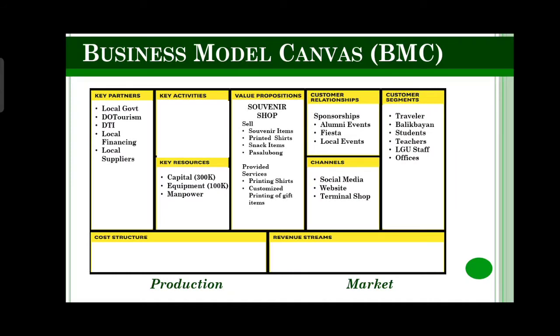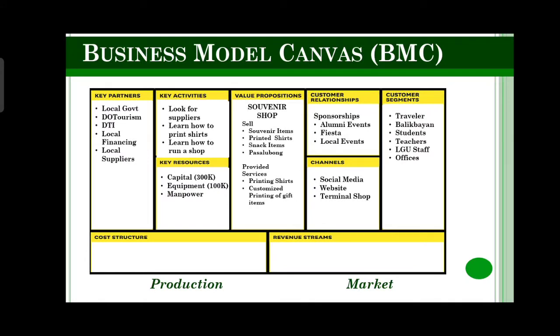So your key activities are what you do to deliver your value proposition to your customer segments. Example of key activities: look for suppliers, learn how to print shirts, learn how to run a shop.